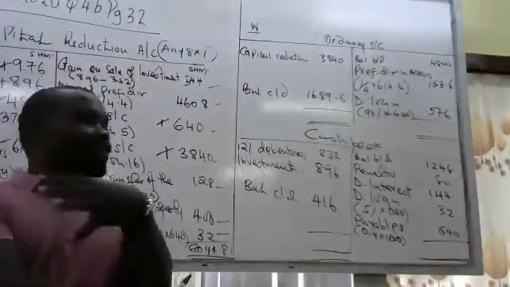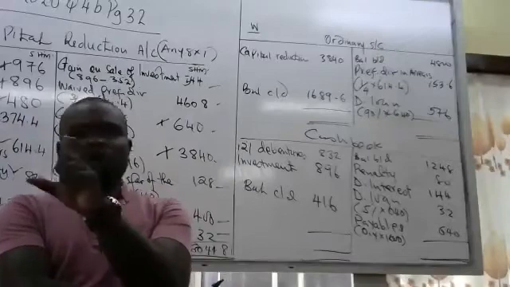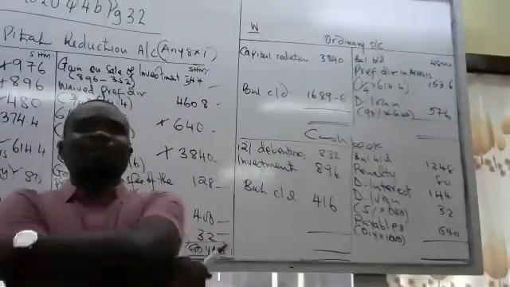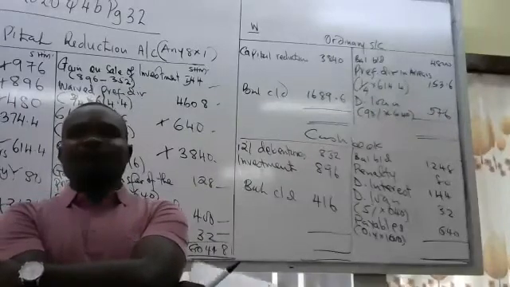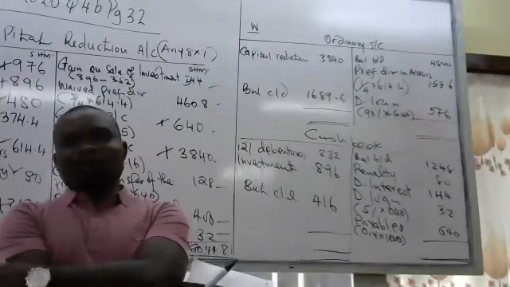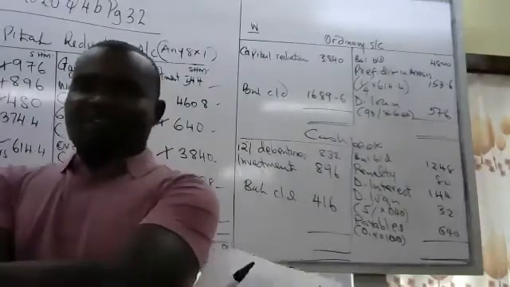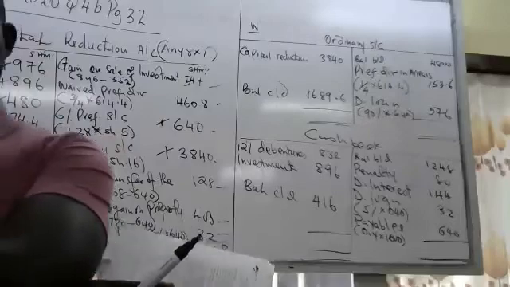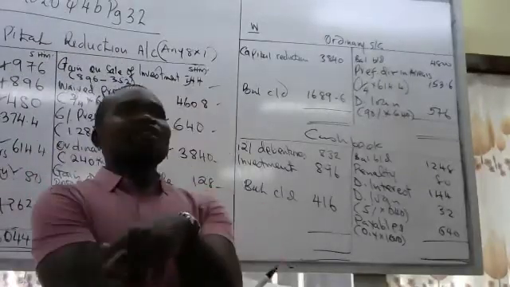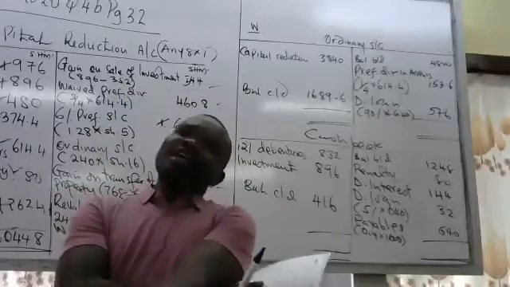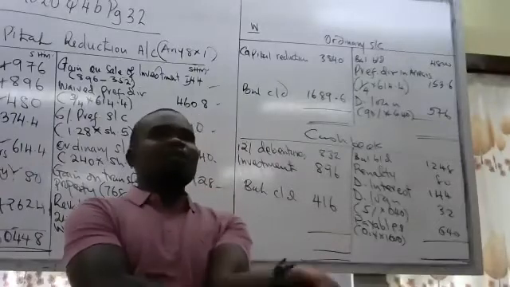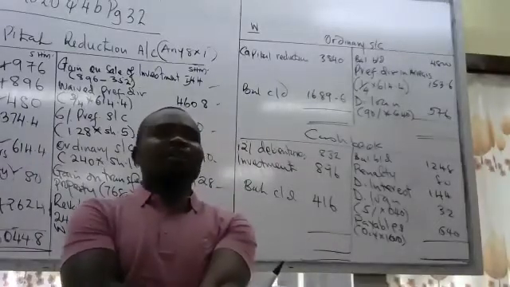Yes, the liability. So he's asking which account should you debit and which one should you credit? Kidogo kwanza tujibu hii. It is something we do every day in the office. Tumechukua loan pale overdraft. Which account do we debit and which one do we credit?